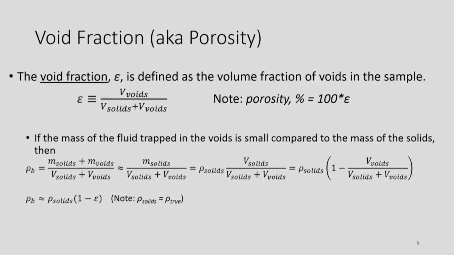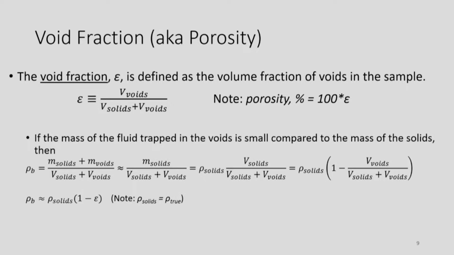So from this bulk density we can get the void fraction, right? So the amount of void space within that bulk powder, right? So void fraction, or the porosity, we can calculate from the volume of voids and from the volume of solids, right? If you just use the volume of voids over the total volume, you get the porosity, or the total pore space within that bulk powder.